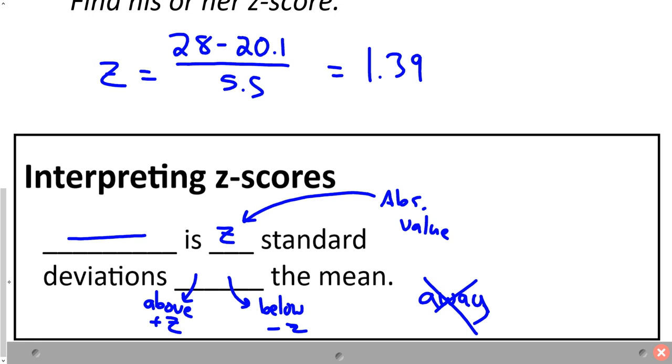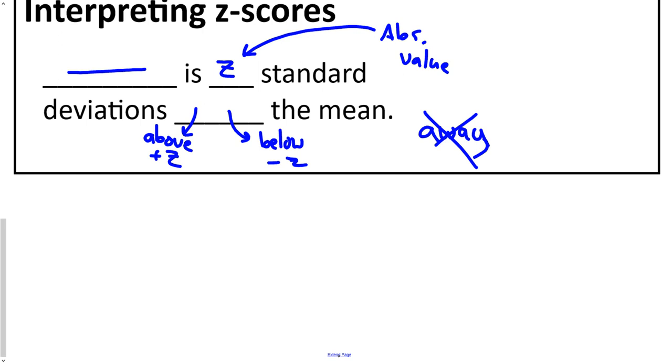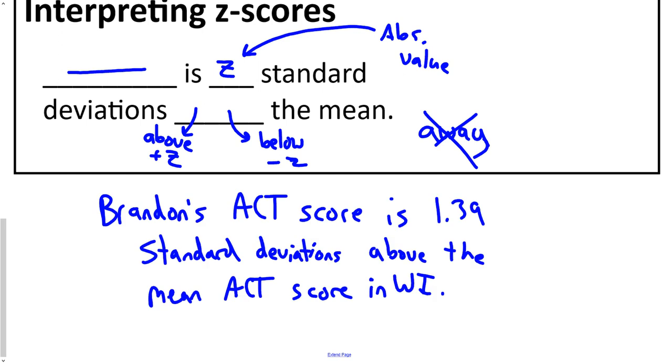And this could be the mean ACT score in Wisconsin. So I'm going to write it out exactly how I just said it, as a visual for what's expected. And boom, magically there it is. Mike's ACT score is 1.39 standard deviations above the mean ACT in Wisconsin. And we'll talk in just a little bit about what the significance of that is.